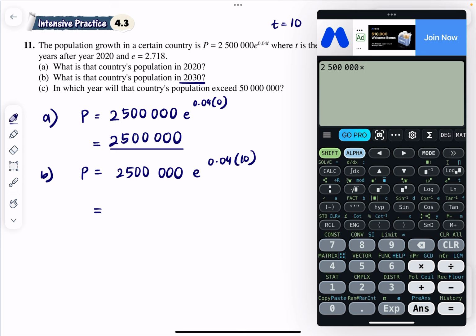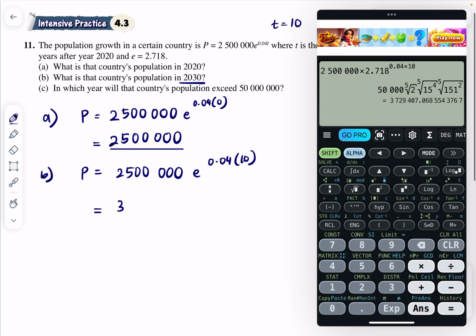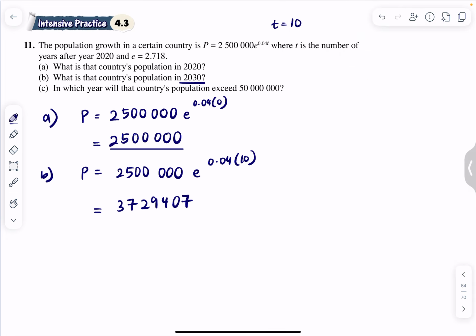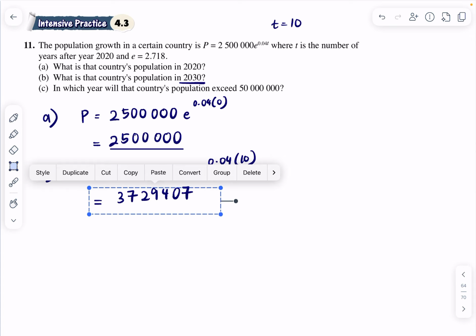E is given as 2.718 power 0.04 times 10. So we get about 3.7 million. 3729,407. So this will be the population of that country after 10 years from 2020.